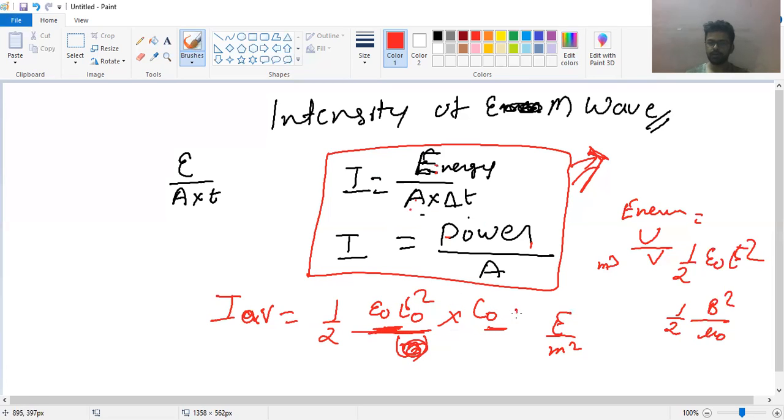So here we are multiplying with 1 meter, one length, and the time is already there, delta t. Time is in seconds. So C naught is what, meter per second, or not? So dimensionally it is perfectly fine. What is the average intensity? 1 by 2 epsilon naught E naught square into C naught.